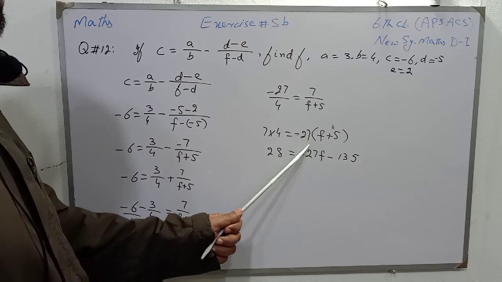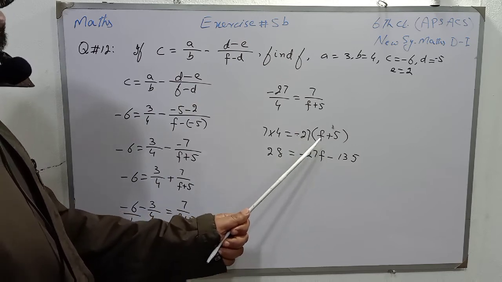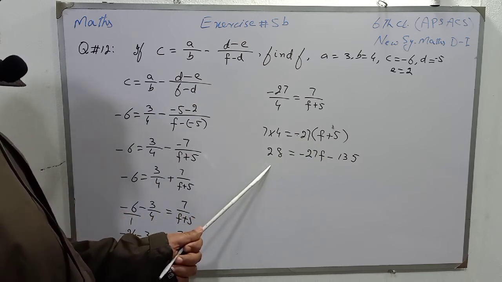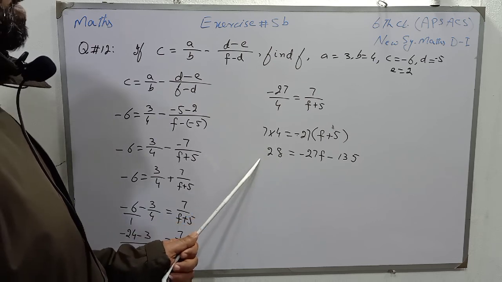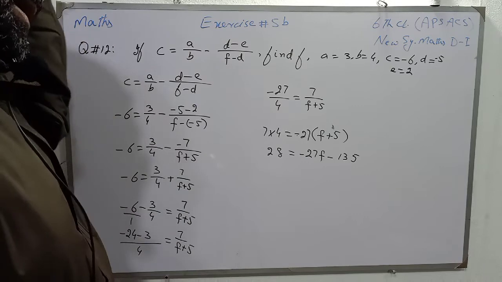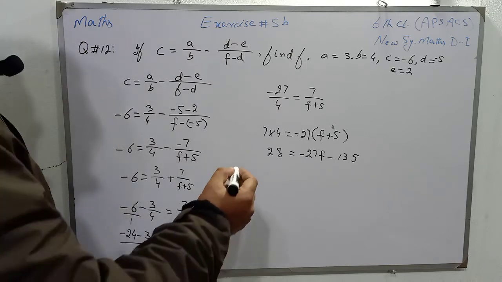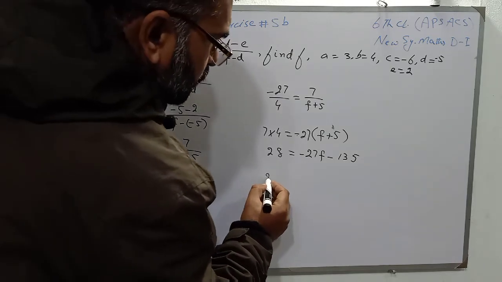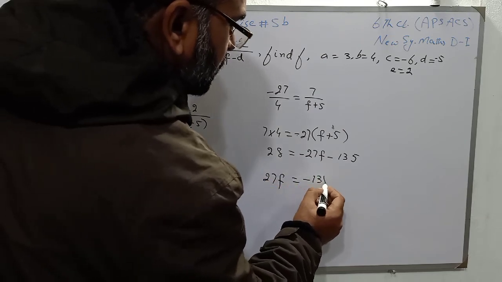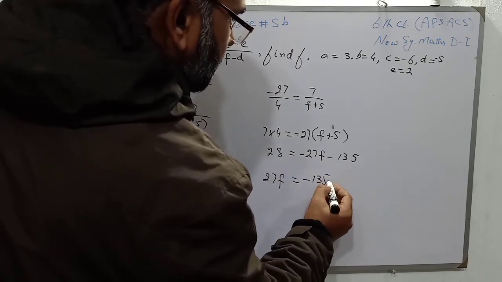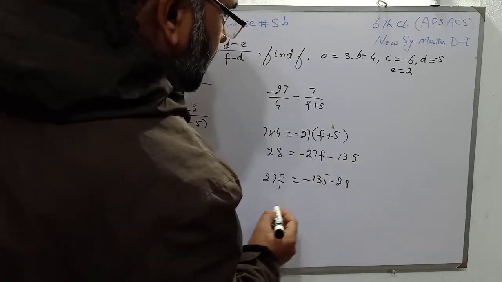Now students, 27f is on the right side, when we transfer it to the other side it will become plus, and this 28 is plus on the left side, when we transfer it to the other side it will become minus. So students, it will become 27f is equal to minus 135 minus 28.